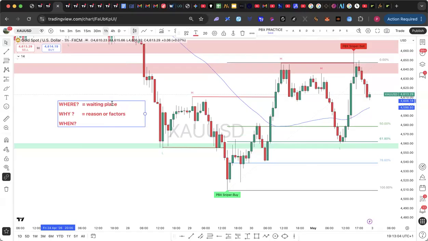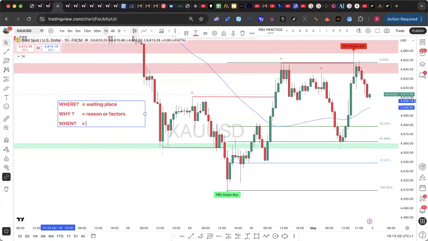Some call it point of interest. We call it in PBX area of focus. It's an area, it's a region, not a point. So it has a wider coverage, beyond just a point. So now when it comes there, what factor should I look out for to be the appropriate place of entry?